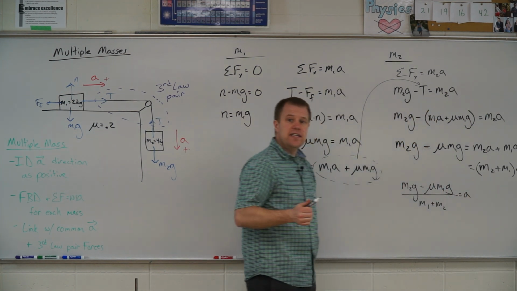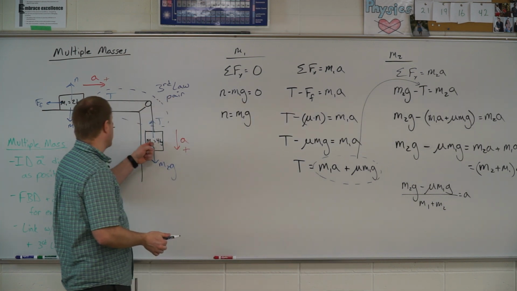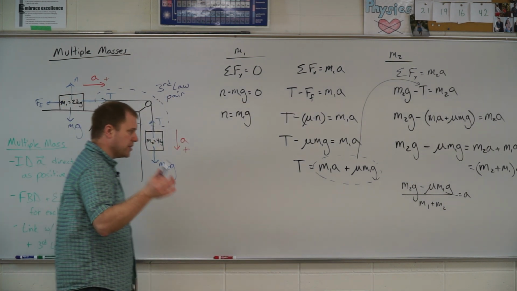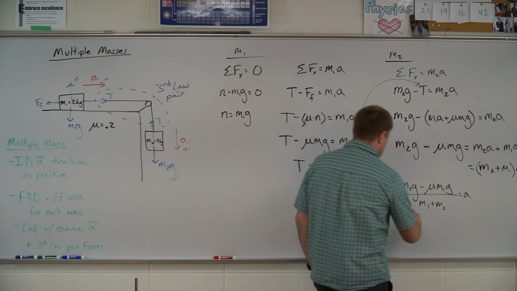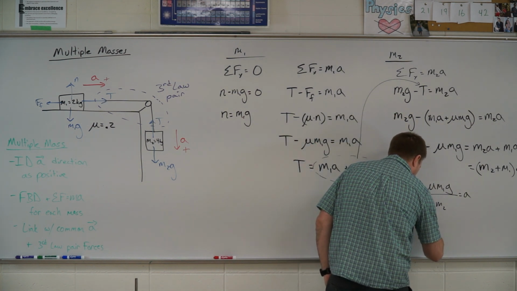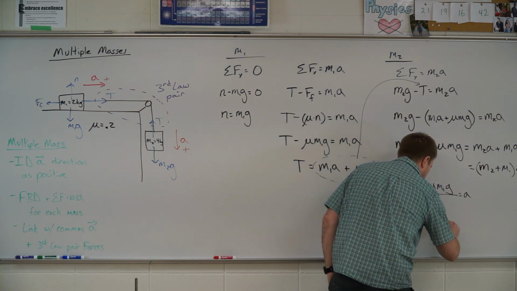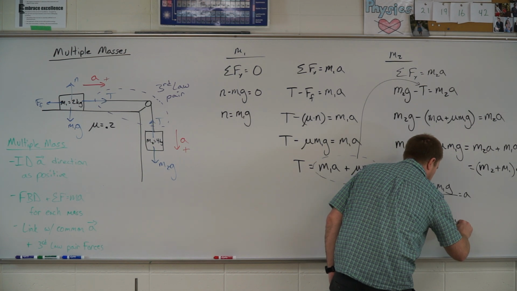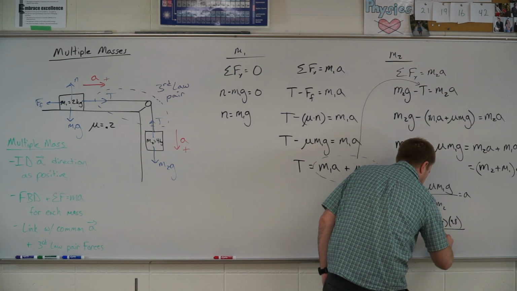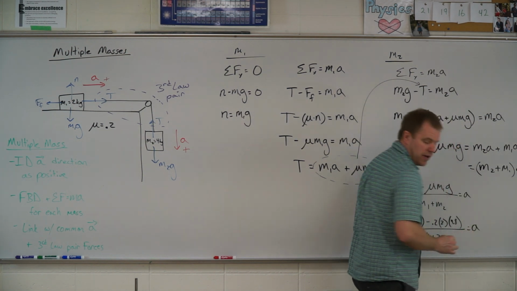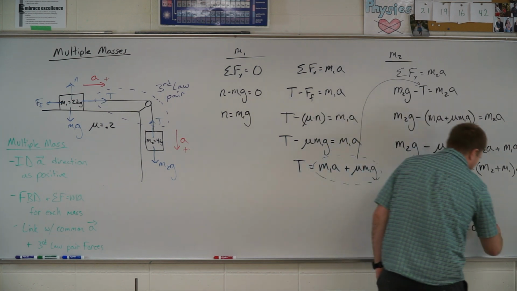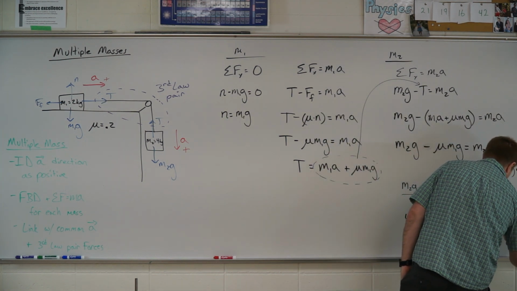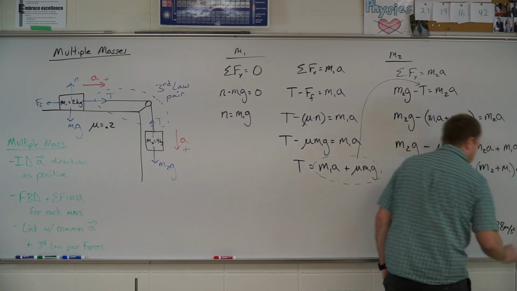All I need to do now is plug in my numbers. I know my two masses and my coefficient of friction, so I have 4 times 9.8 minus 0.2 times 2 times 9.8, all divided by 4 plus 2, which gives me an acceleration of 5.88 meters per second squared.